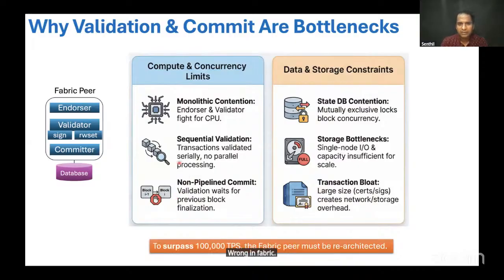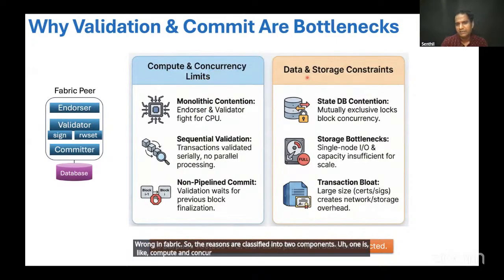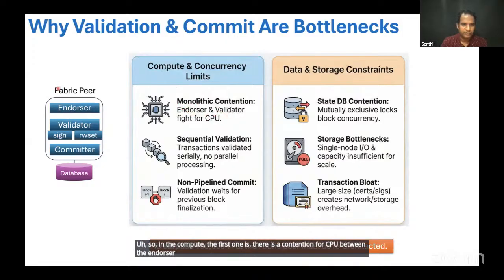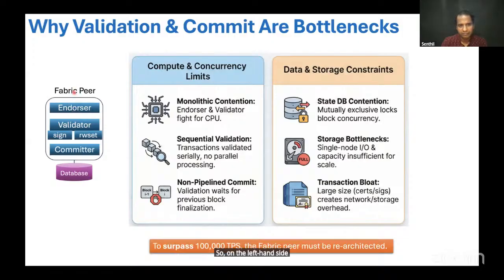The reasons are classified into two categories. One is compute and concurrency limits, and the other is data and storage constraints. In compute, the first one is contention for CPU between the endorser and validator. On the left-hand side, I have the Fabric peer architecture. We have the endorser, validator, and committer.